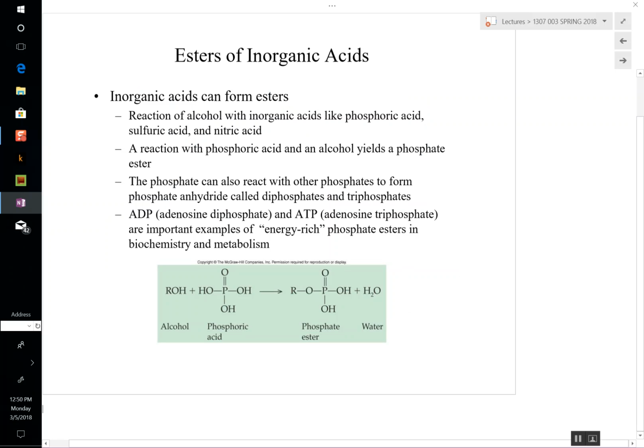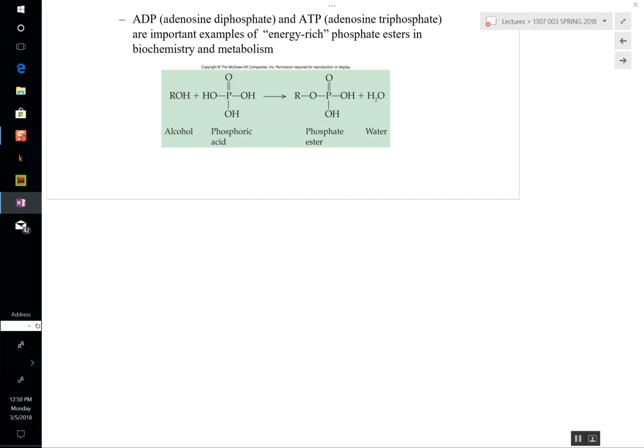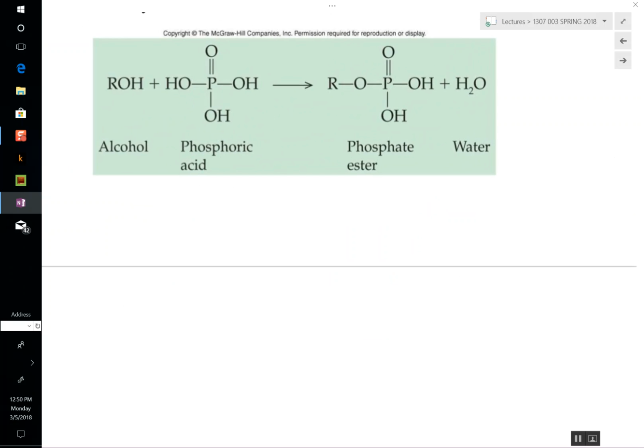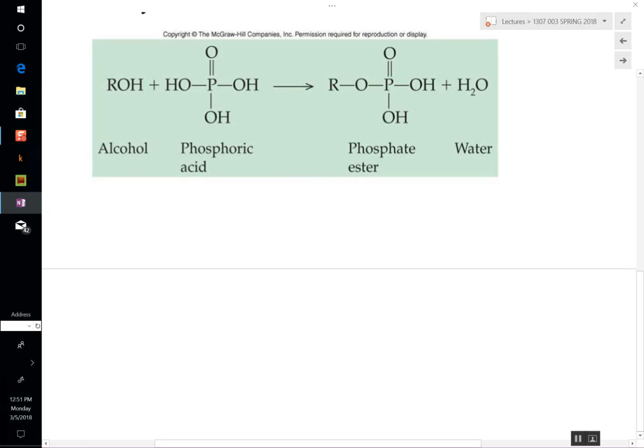Now, phosphate esters. What is a phosphate ester? To make a regular ester, we took an alcohol and reacted it with a carboxylic acid. To make a phosphate ester, we take an alcohol and react it with phosphoric acid.